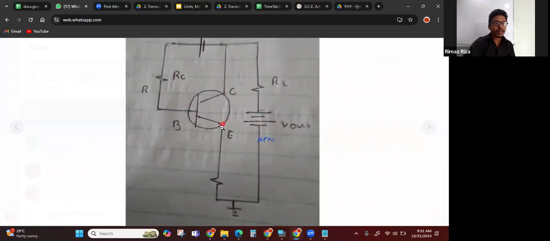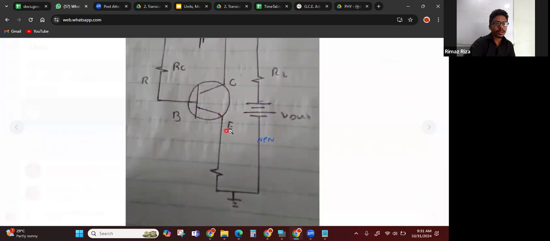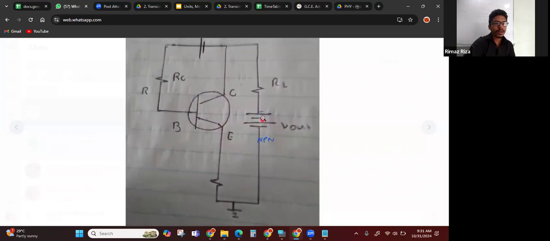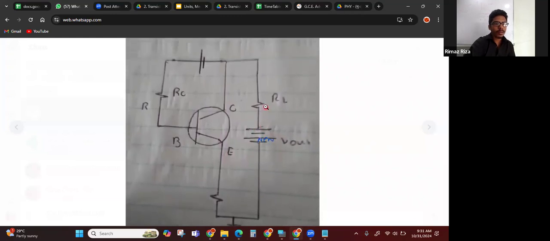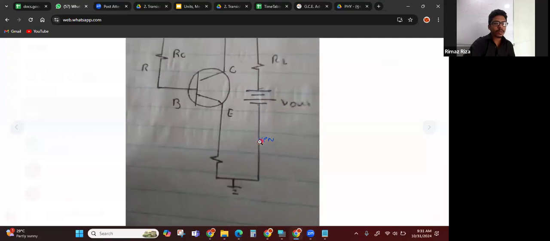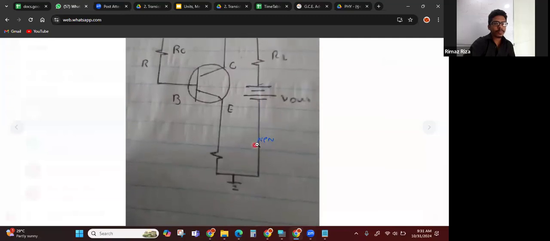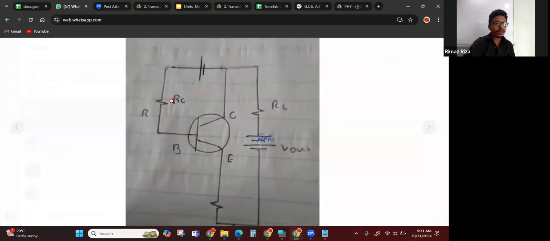So you have to consider the emitter here. The emitter side has to be reverse bias, so the polarity of this has to be set accordingly, and you have to put the resistance here. And then RC.